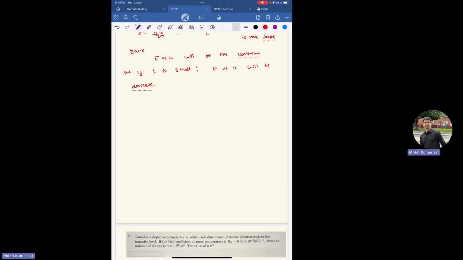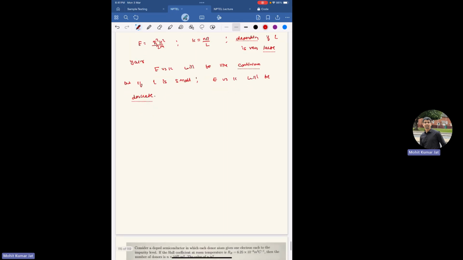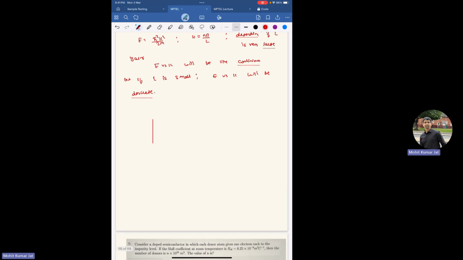But if L is very small, you have to treat it like discrete. What does that mean? This is your E versus K. For a continuous system, the levels will be so closely spaced that you can treat them like continuous.